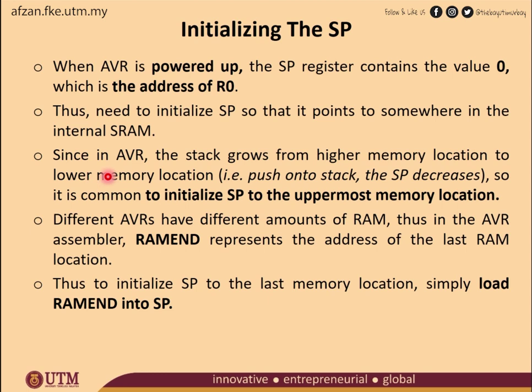Right, since in the AVR the stack grows from higher memory location to lower memory location, it is common to initialize the stack pointer to the uppermost memory location. Recall the push: when you do a push instruction and push the data to your stack, the stack pointer will be decreased.